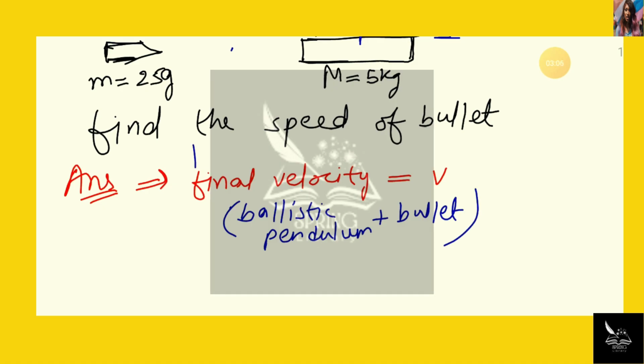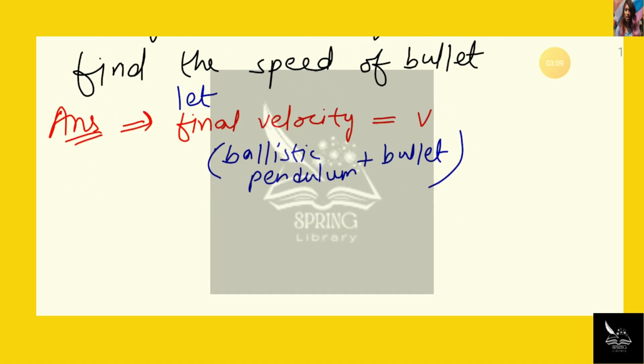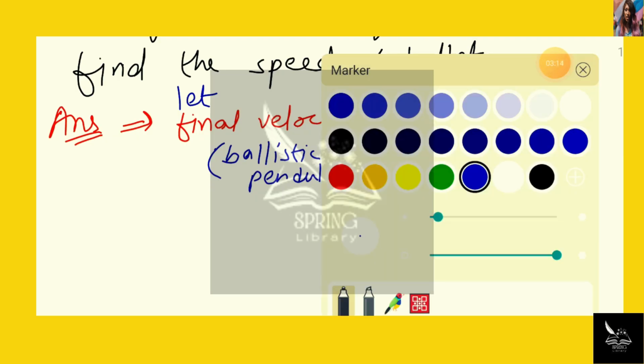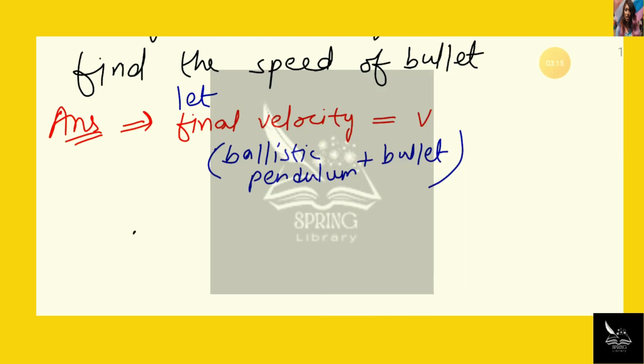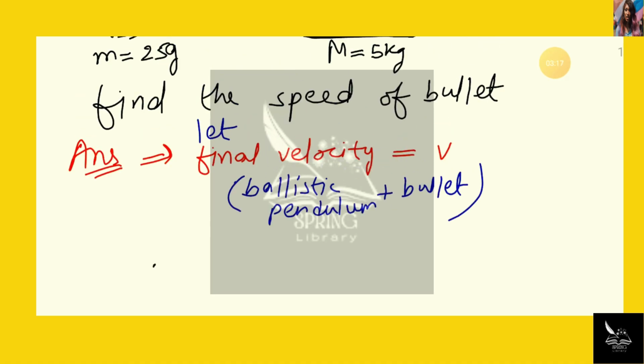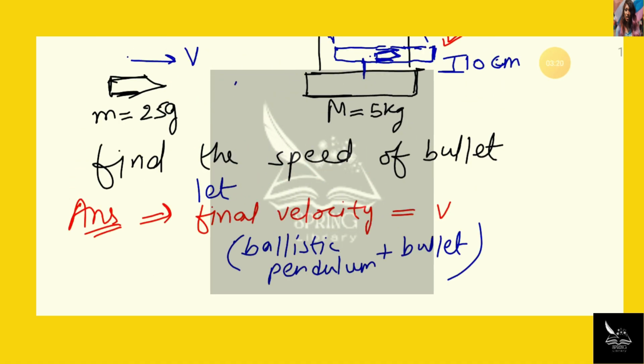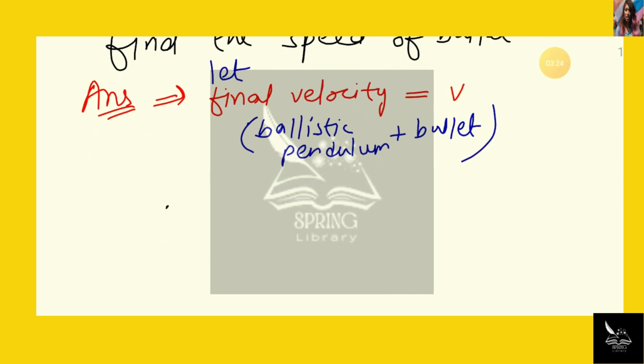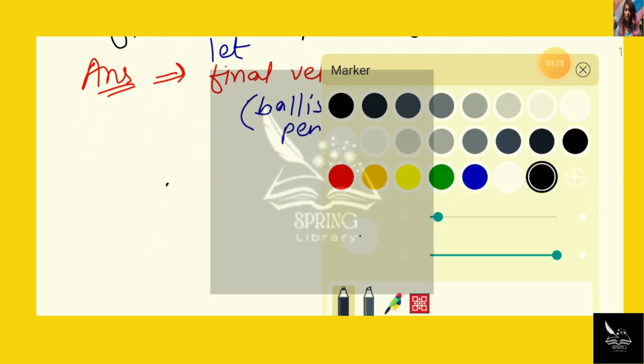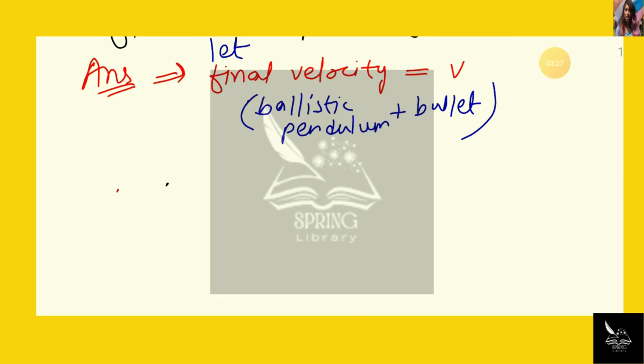The final velocity for the ballistic pendulum and bullet will be v, which is common, and its direction will be the same in which the bullet is coming to hit the ballistic pendulum.